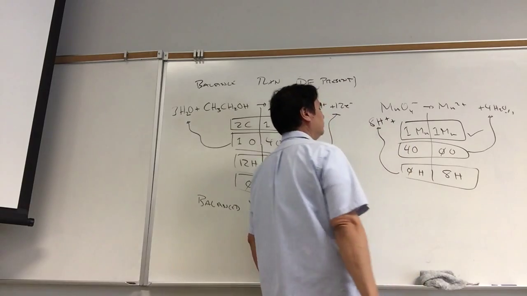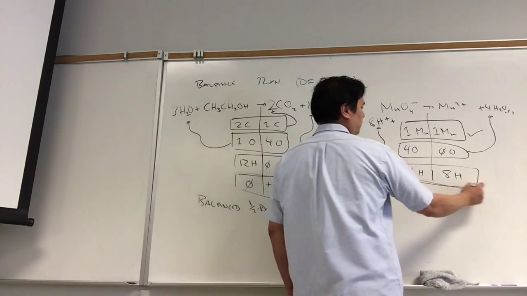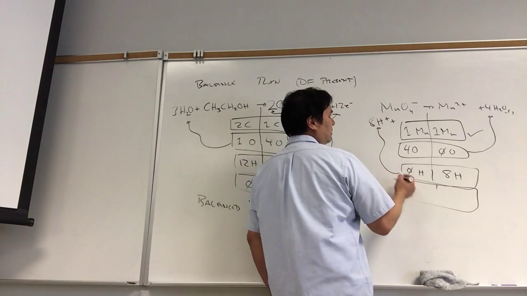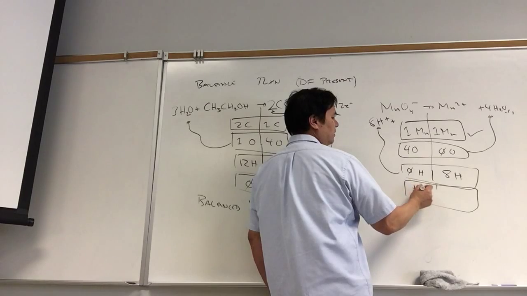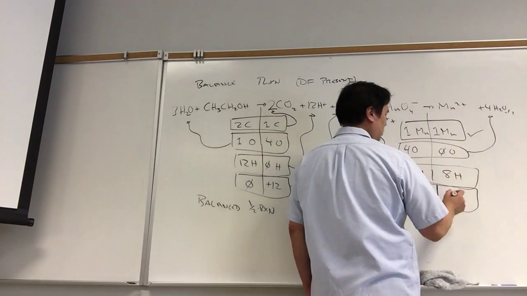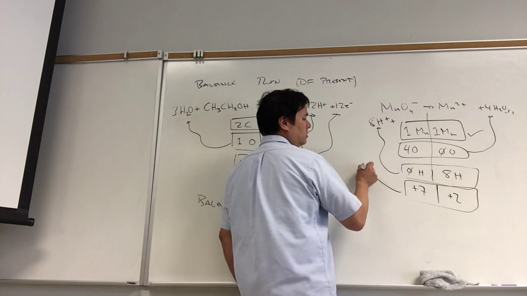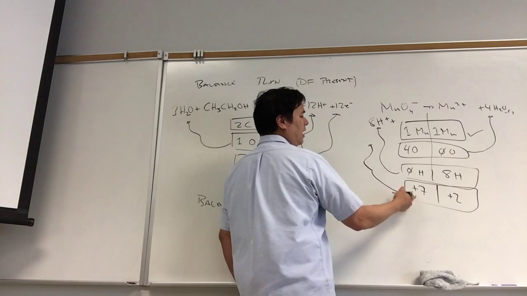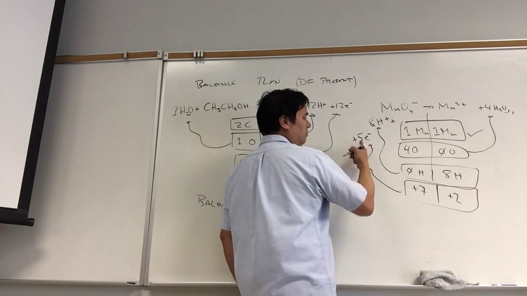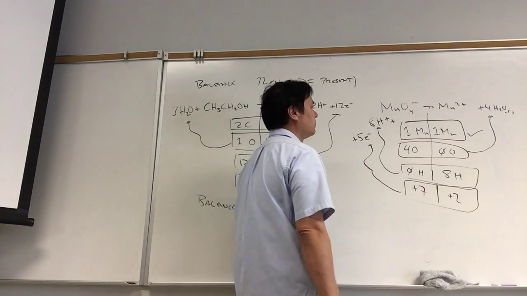And then the charge. Plus 1 times 8 is plus 8, minus 1 is plus 7 on the left, plus 2 on the right. And so I have to add negative charges, so it's going to be plus 5 electrons. Plus 5 electrons will give us minus 5, plus 7 is plus 2, and plus 2 and plus 2 match.